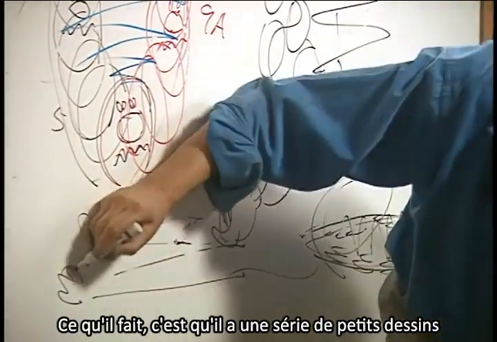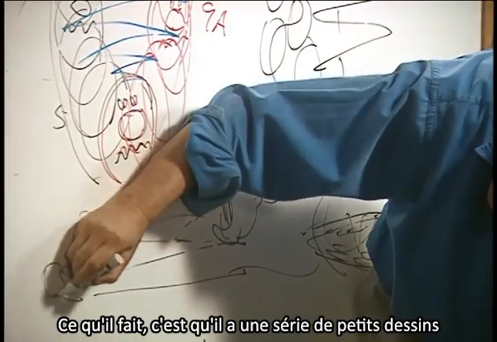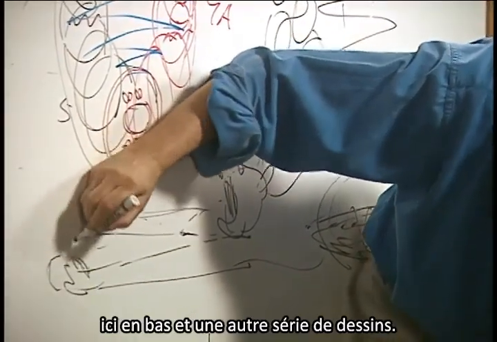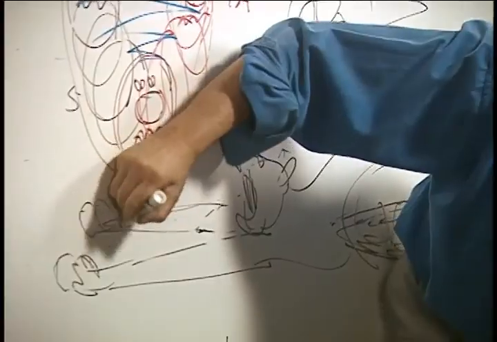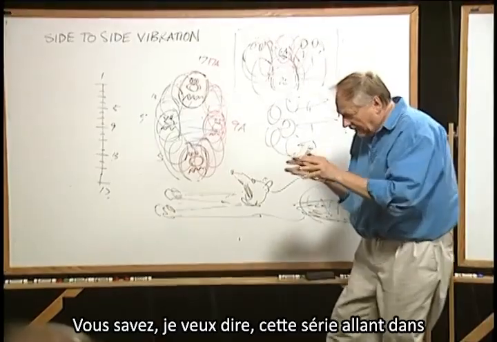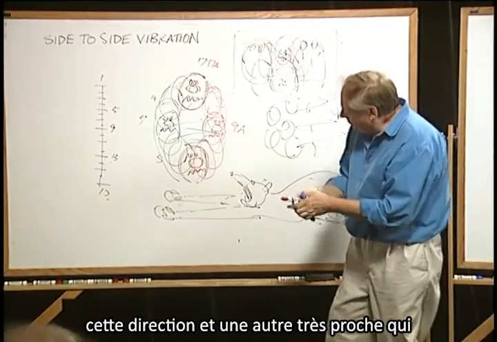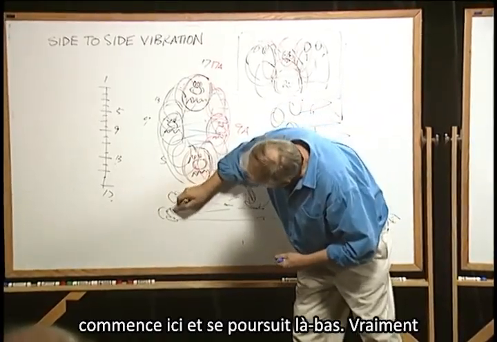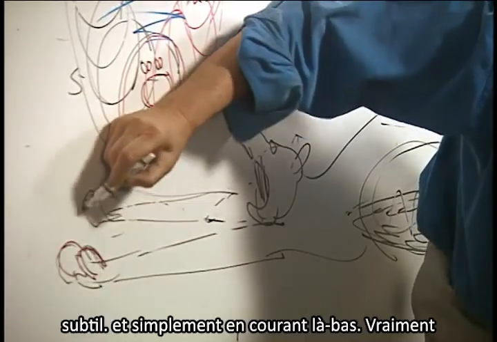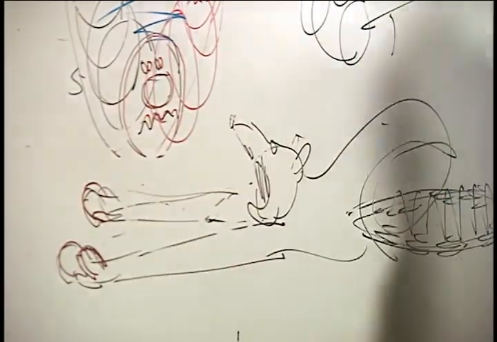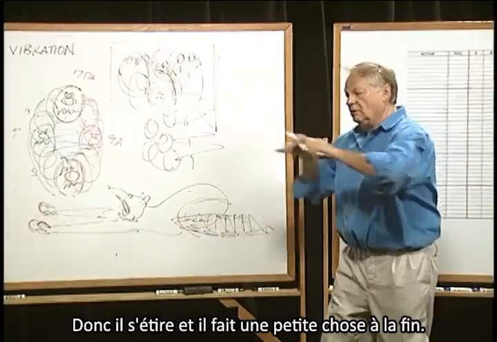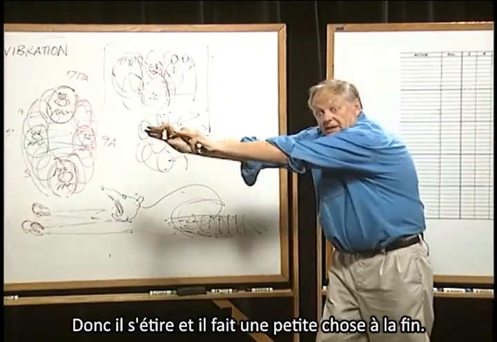What he does is he has a series of little drawings down here, and another series of drawings going that way, and another one real close to it, starting here and just running there. Real subtle. So he stretches out, and then there's a little thing at the end.